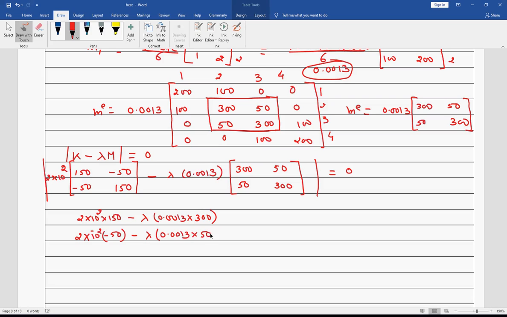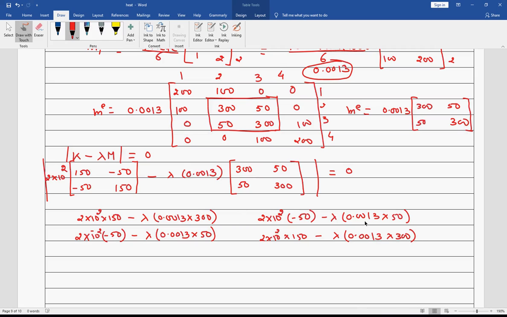0.0013 into 50, then 2 into 10 to the power 2 into minus 50 minus lambda into 0.0013 into 50, then 2 into 10 to the power 2 into 150 minus lambda into 0.0013 into 300.